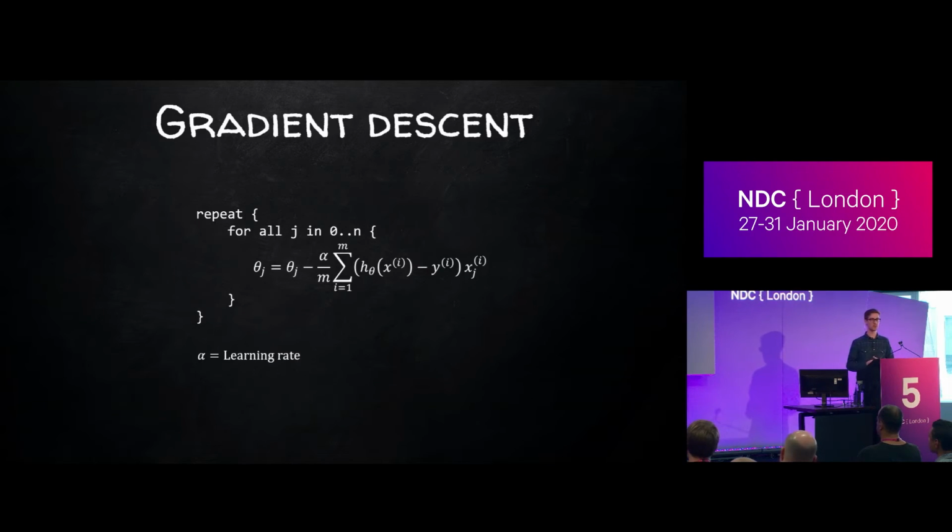And remember, our objective is to find these theta values. And again, to do that, we need to do gradient descent. And when we're doing gradient descent, we do not know beforehand the number of iterations, and we do not know this learning rate. So let's see how we find that.